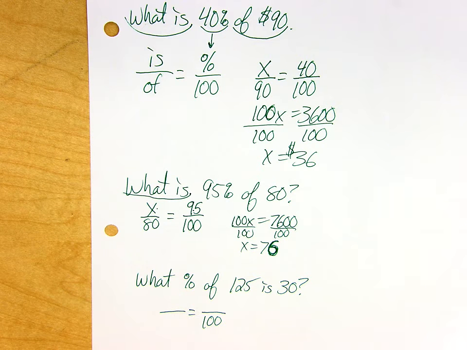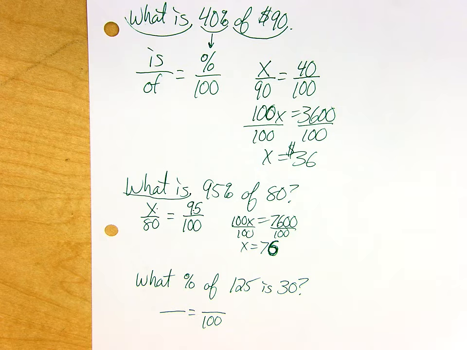You have an answer? Hold on to it. As you're thinking about your answer, I want you to think 30 out of 125. Is this going to be a big percentage or a small percentage? It should be small, right?